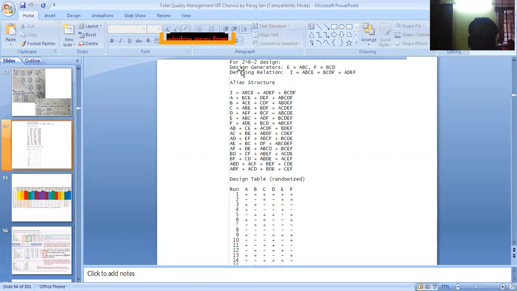It will give you the design generator, for example, E is equal to ABC and F is equal to BCD. I have told you earlier the concept of generator. So this will depict your entire design matrix. And it will also provide you the alias or the confounding structure.